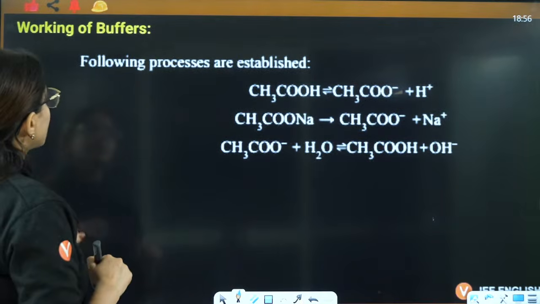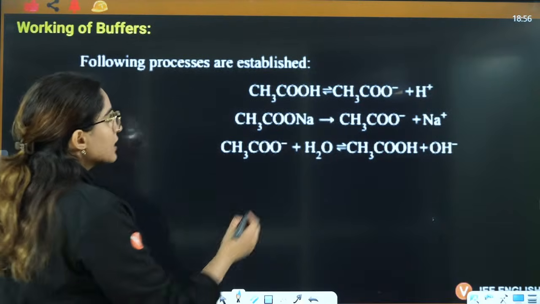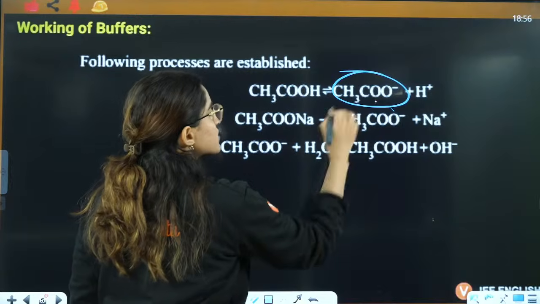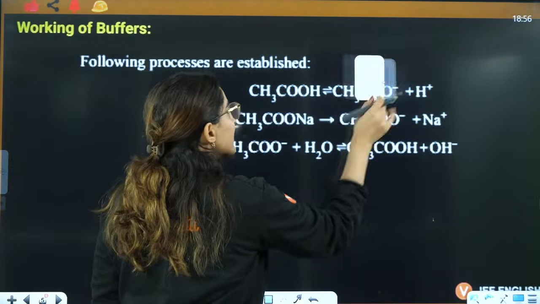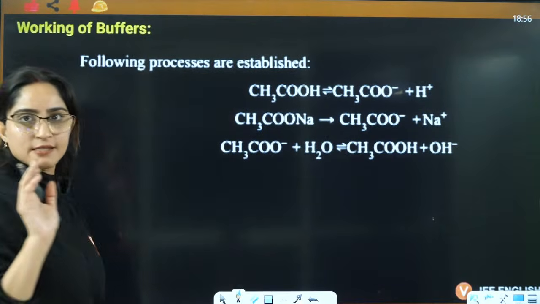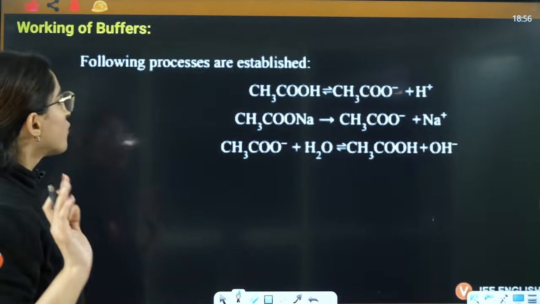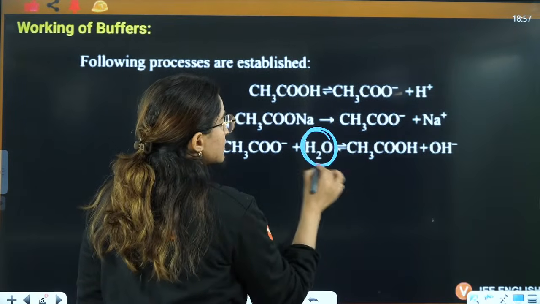Now you have seen that the common ion effect is there. This is giving you CH3COO negative, and this is giving you CH3COO negative, right? Now its dissociation has decreased. Now let's say what you have added here is water.